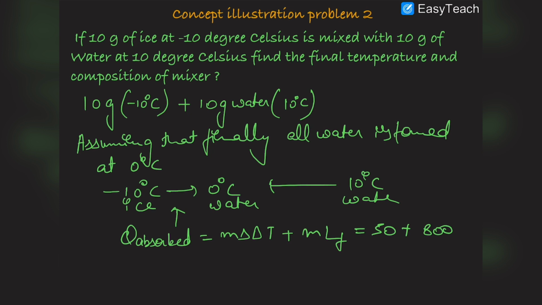So there would be 850 calories of heat required by the ice, and heat released by water would be m s delta T. You can see that the mass of water is 10 grams, specific heat is 1, and delta T is 10.